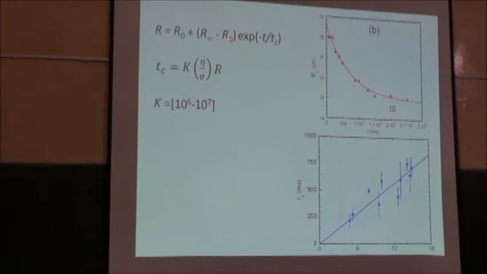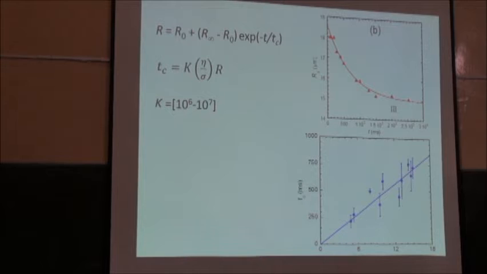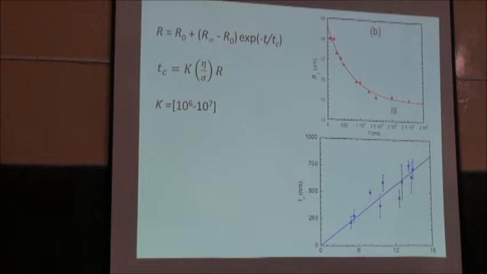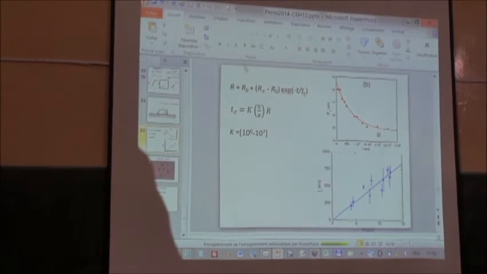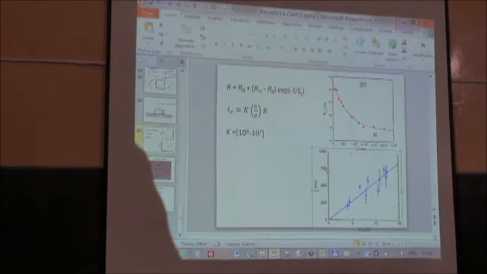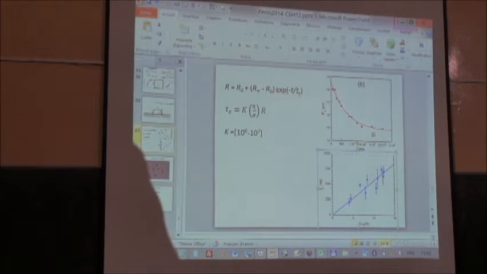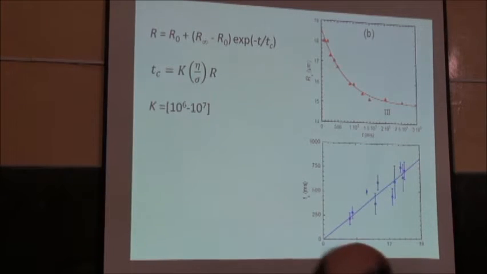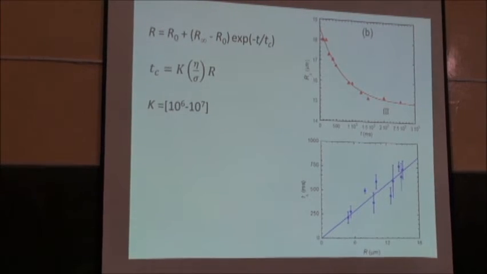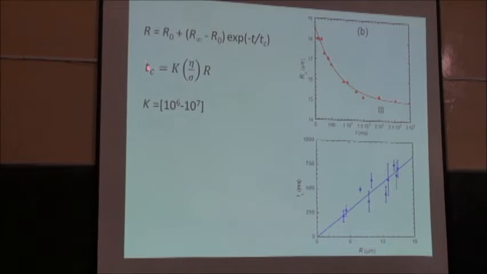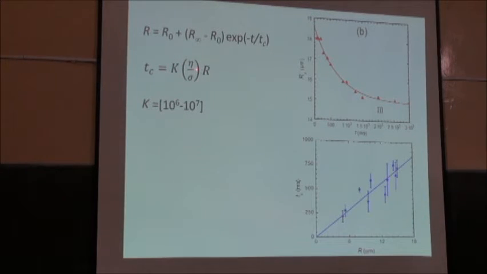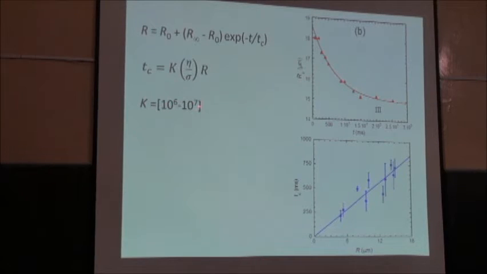And if you look at this typical time versus the radius, you see that's proportional to time, and in fact this corresponds to a velocity, but with a prefactor k, which is on the order of 1 or 10 million.